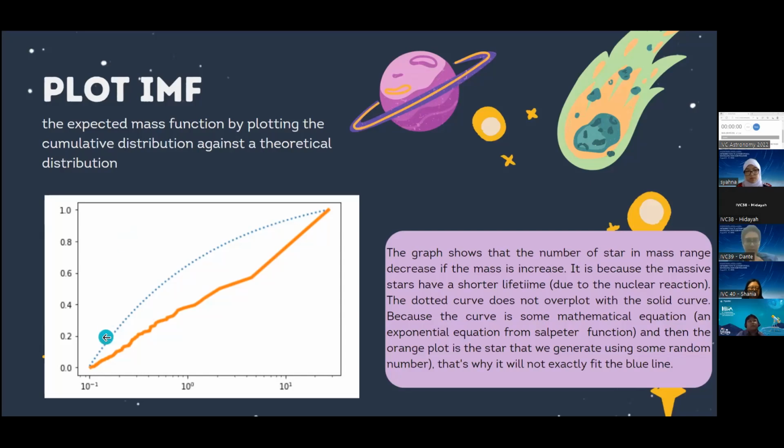If there are more high mass stars, it will be steeper, right? So why is it different from the other initial mass functions in your code? They are from Kroupa and Salpeter.